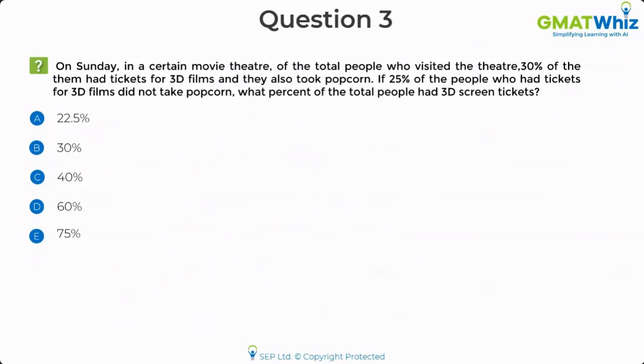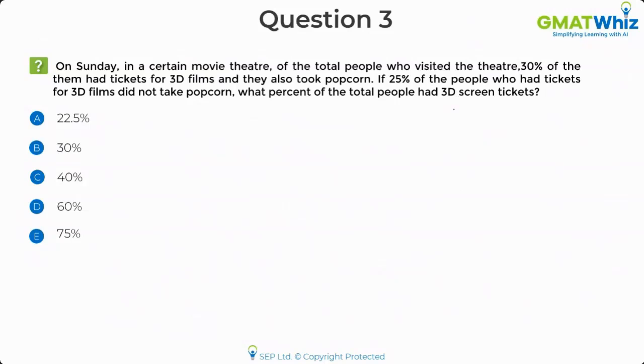Okay, frankly speaking, guys, as far as the question is concerned, it's not that difficult. When I show you the solution, you'll realize it's a 3 to 4 line solution. The reason this becomes difficult is the translation part.